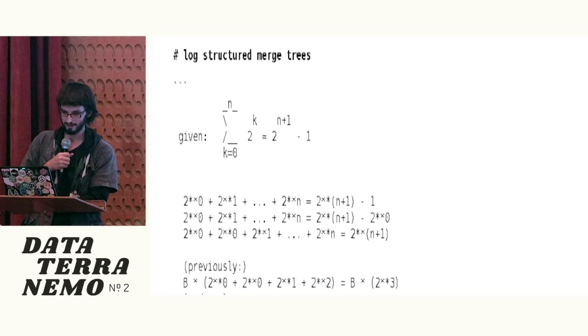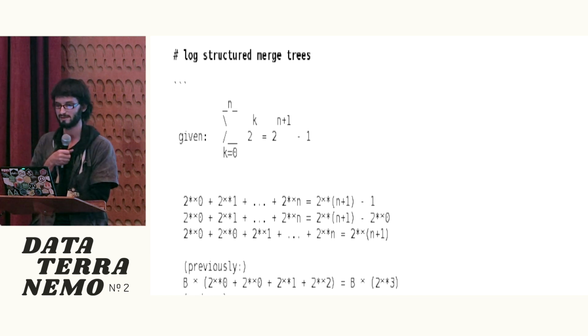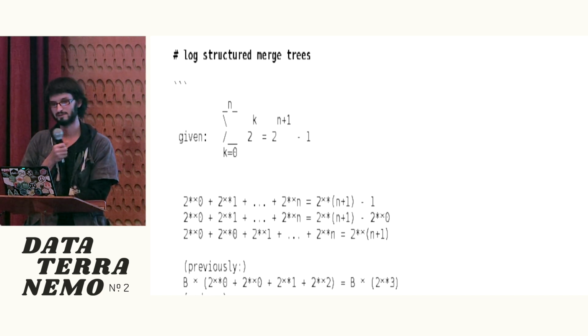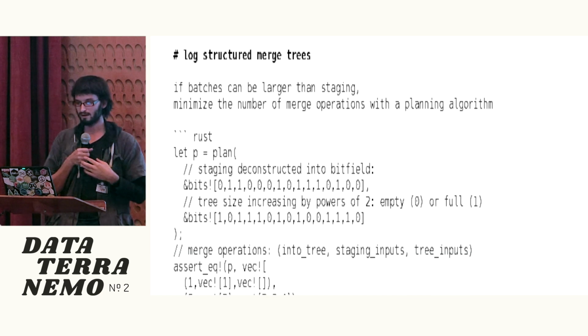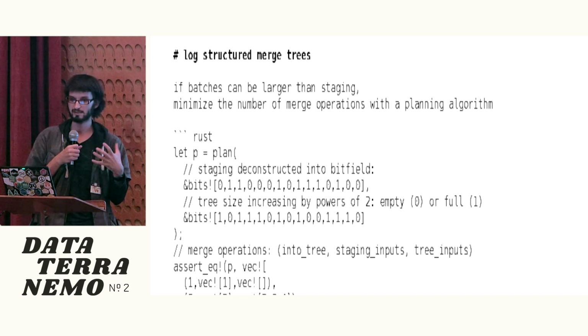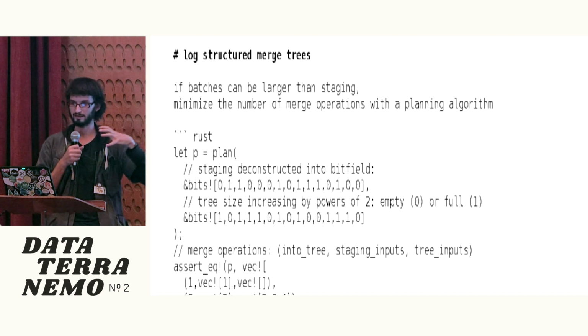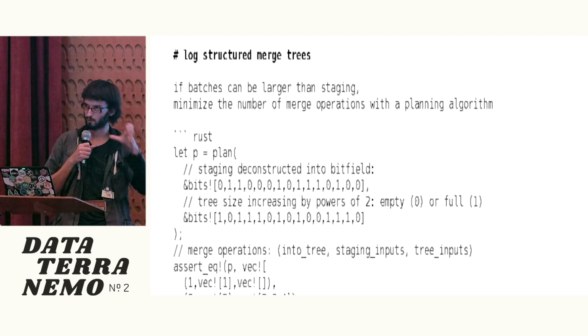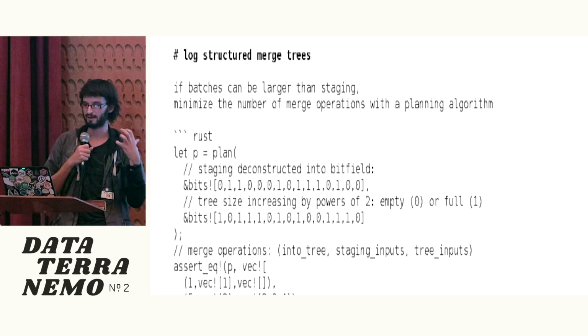So here's some math that is actually extremely trivial math, but I'm just not even going to talk about what that means, but it's basically what I just said. So you can do better than this also if you have staging size that is greater. Like if you have more data that you want to write at once, you can pack that more efficiently into these data structures.